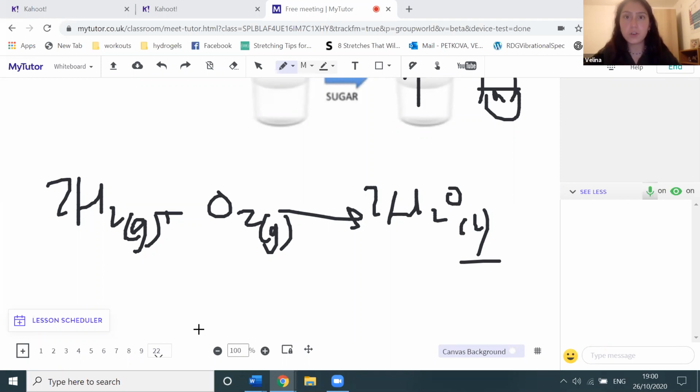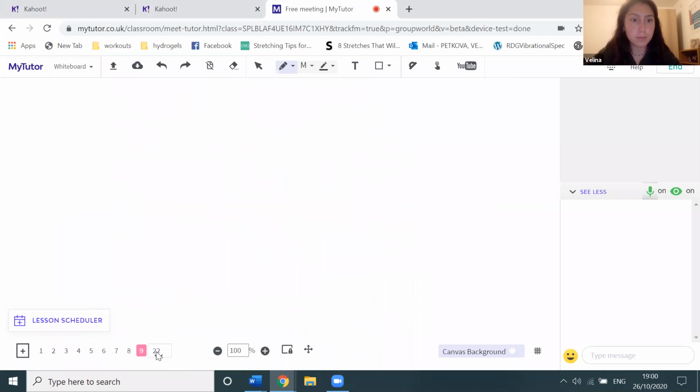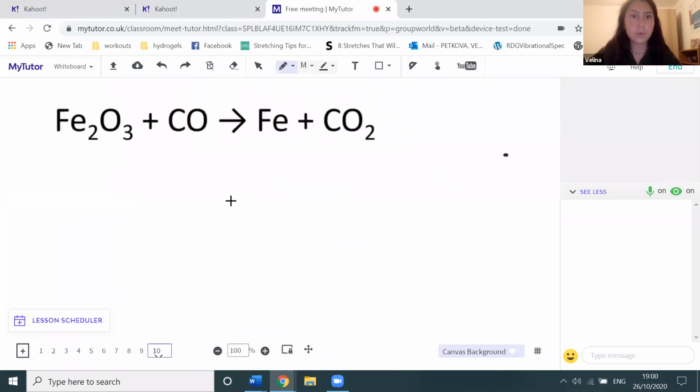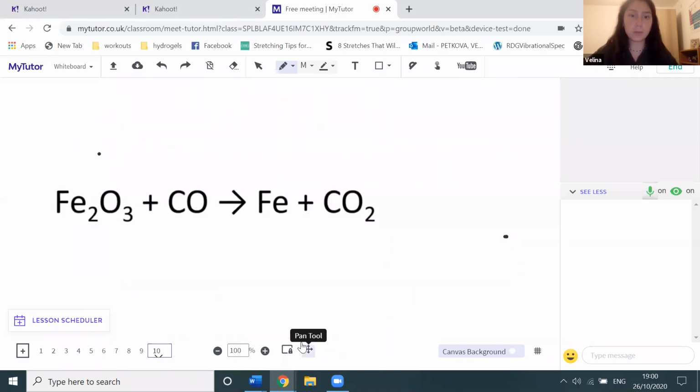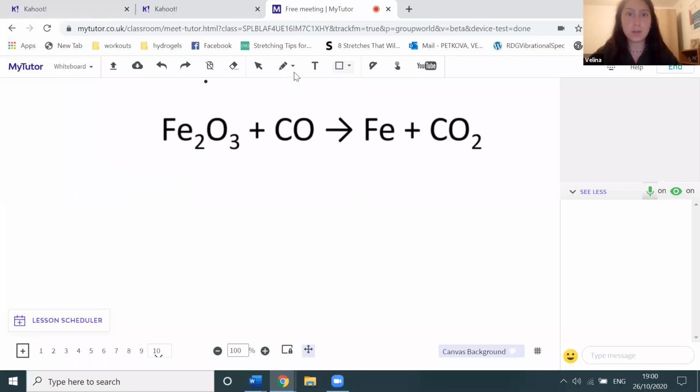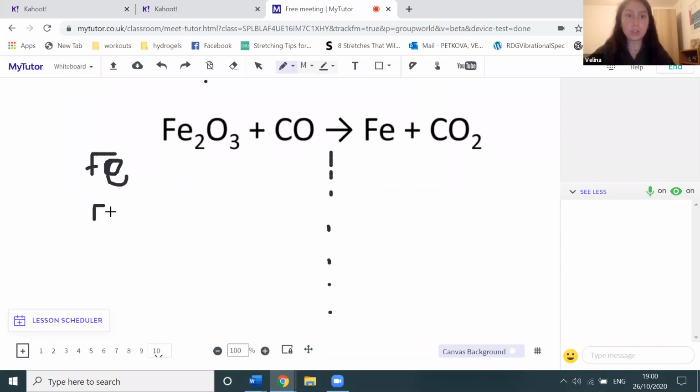So to finish off, we'll quickly go through balancing an equation. We'll go through this one again because people seem to have a common issue with this one. So let's start. We're going to once again count the number of atoms of each different atom we have on the left and on the right. So if we look, Fe here, oxygen and carbon.